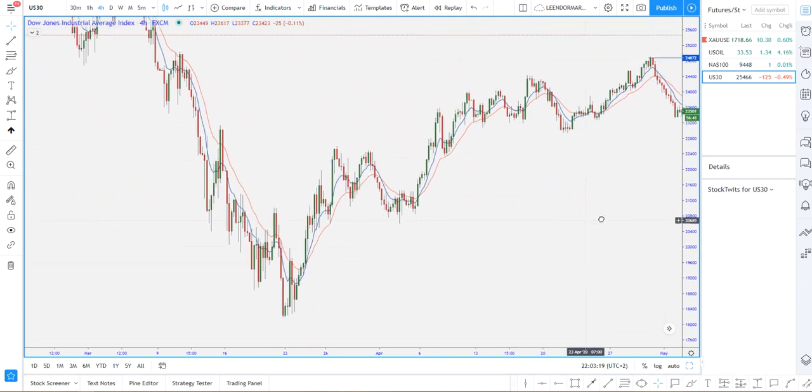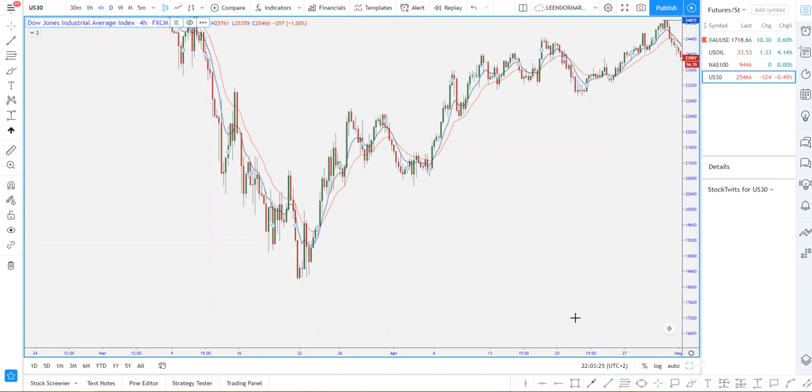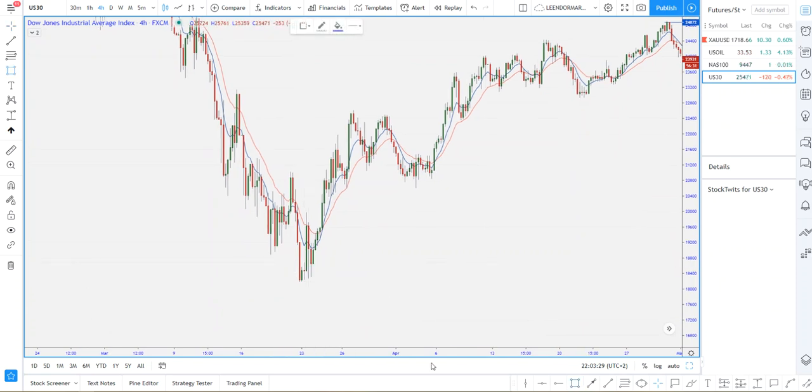So let's measure out this move, that whole A to B leg. So this would be our A leg, because then look at how I'm drawing this. A leg on the lowest point that we have on the charts, and then we have our B leg on the highest level, and then this whole push before this pullback happened, this whole push to the upside would have helped us find entries over here.